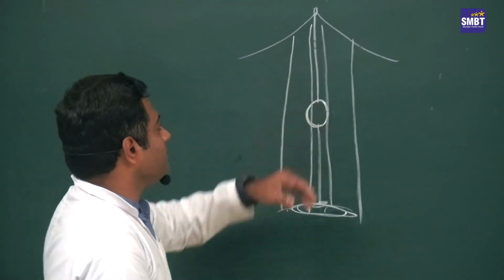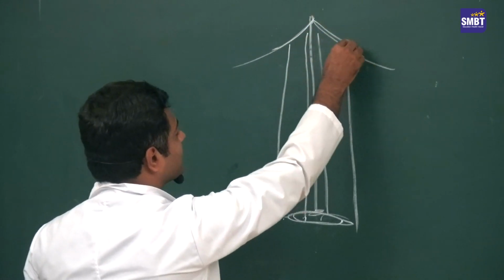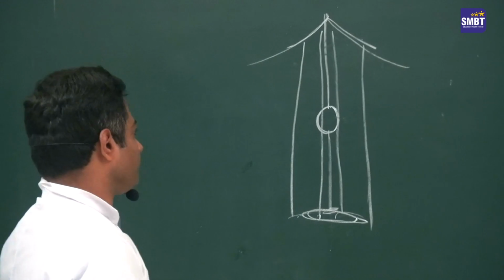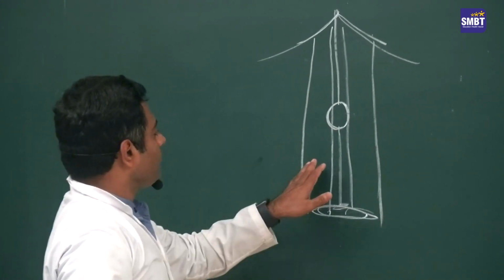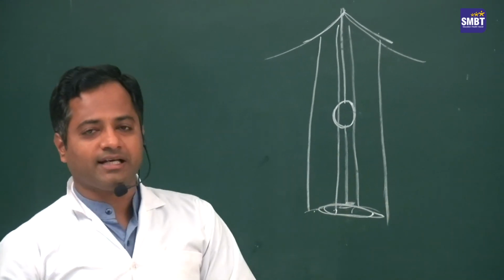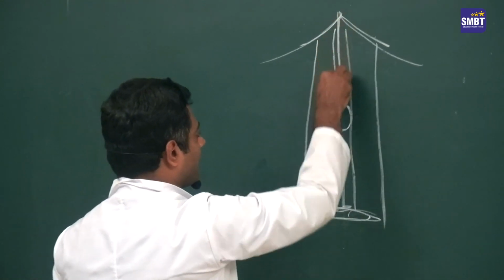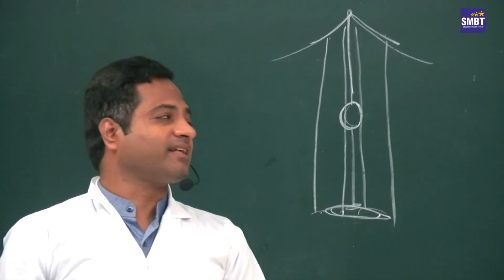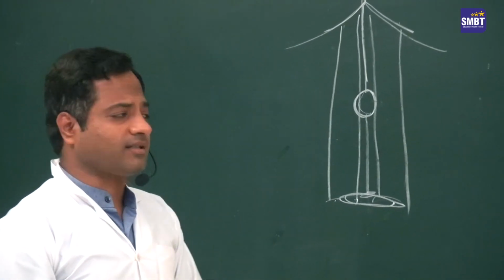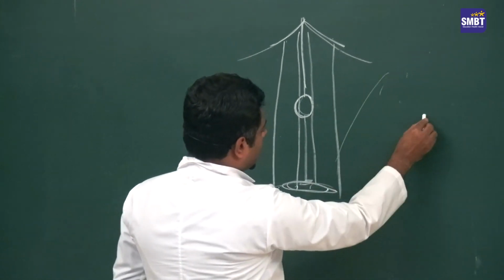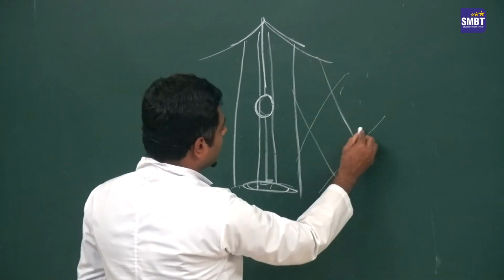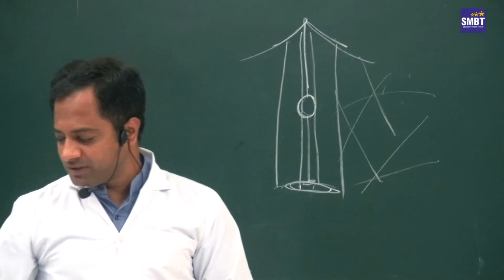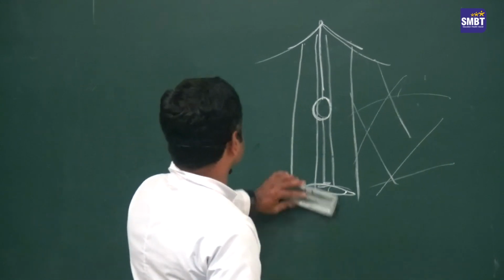It runs upwards and inserts on the 5th, 6th and 7th ribs. So these are two muscles near the midline. This midline is the linea alba, this is the umbilicus. These are the two rectus abdominis muscles, and there are three lateral abdominal muscles called the external oblique, the internal oblique and the transversus abdominis muscles. As we go further, we will see the details of this anatomy.